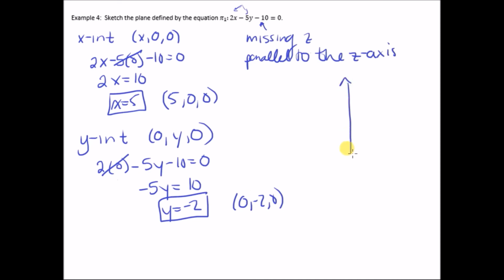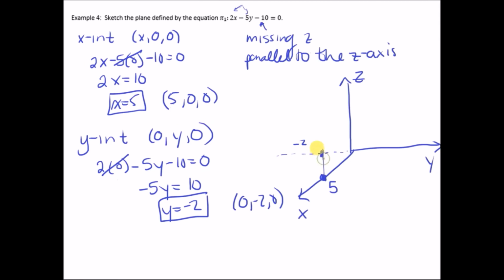If we were to draw this, we want to draw the plane that goes through x equals 5, 0, 0. So let's call this 5. So our plane is going to go through here. And then also y equals negative 2. The three axes that we draw here are positive, so y equals negative 2 is going to be somewhere here.